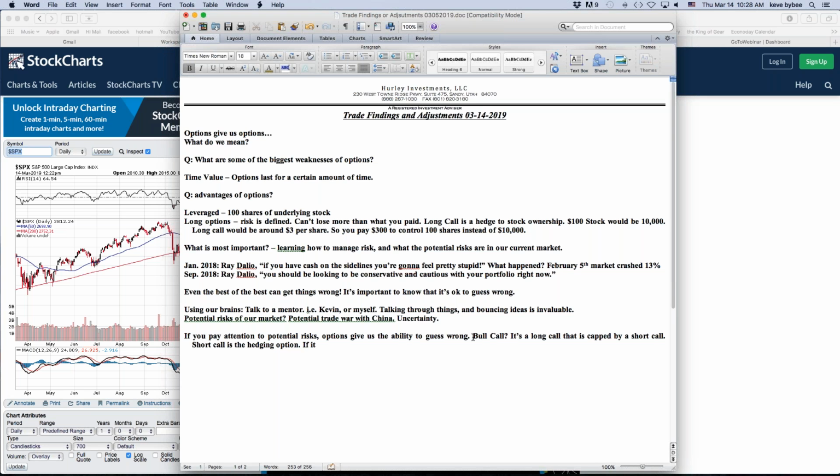So if the underlying stock goes down, we lessen our cost basis thanks to the short call.